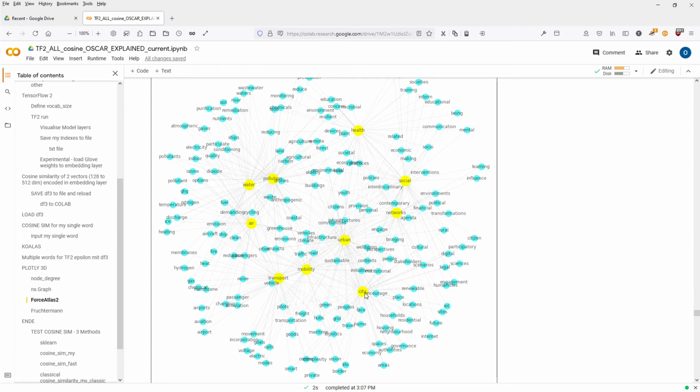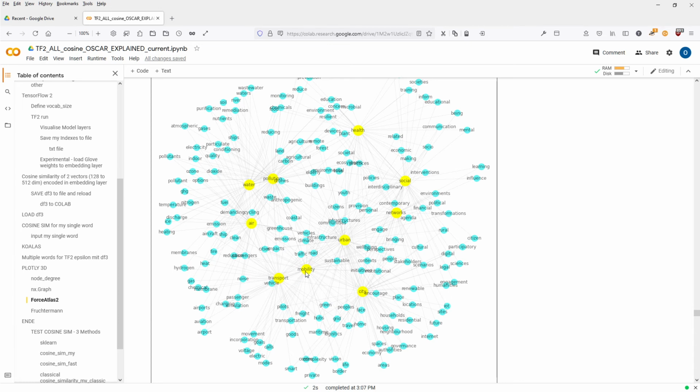And you can see here, city is surrounded by transport, mobility, urban networks. That's of course clear. You have more or less a little cluster: pollution, water, air, health, social networks. Transport and mobility also are close by.